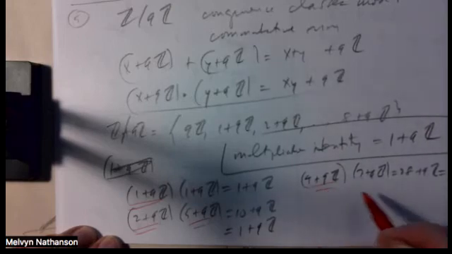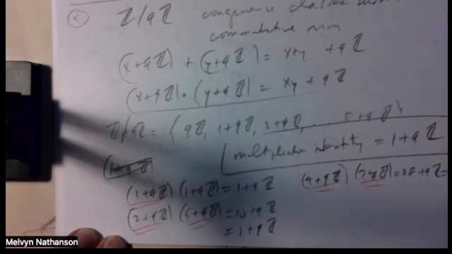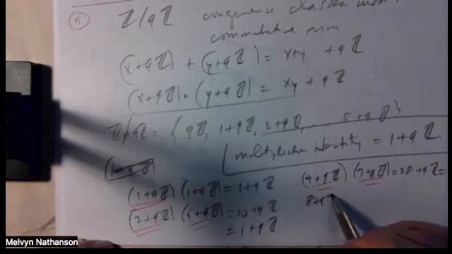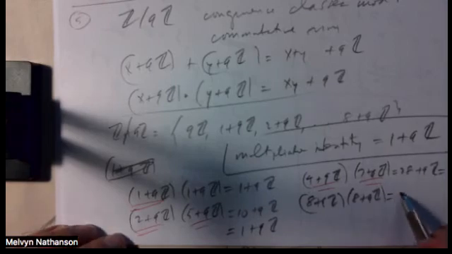So 4 plus 9Z and 7 plus 9Z are also units. And if I take 8 plus 9Z times 8 plus 9Z, I get 64 plus 9Z.